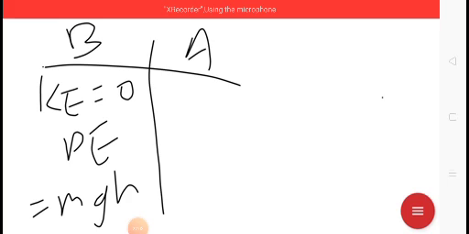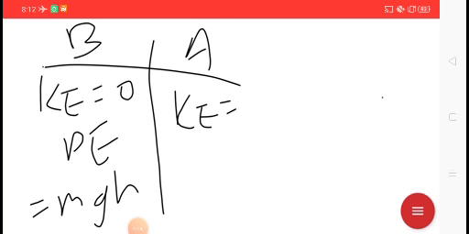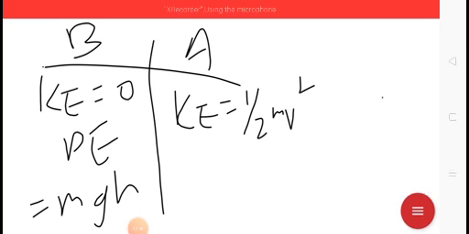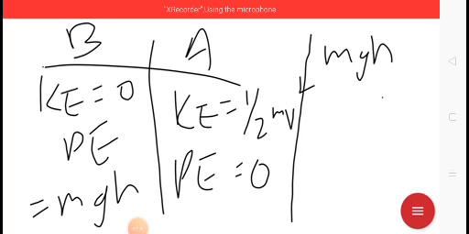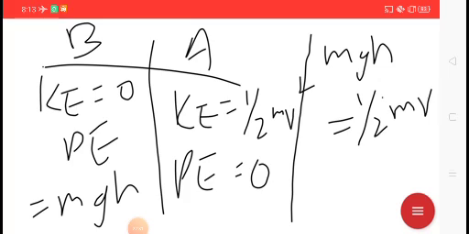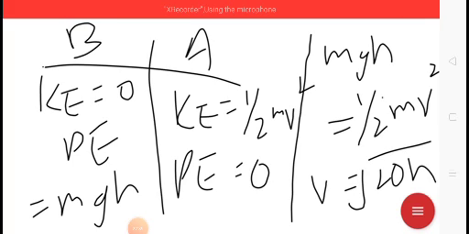And on the other side, after, you have KE equal to 1/2 mv squared, and reaching the bottom, PE equal to 0. The distance that you travel, you know, right? The distance traveled is 3 meters. So that you can form mgh equals 1/2 mv squared. So your v will be equal to square root of 20h.